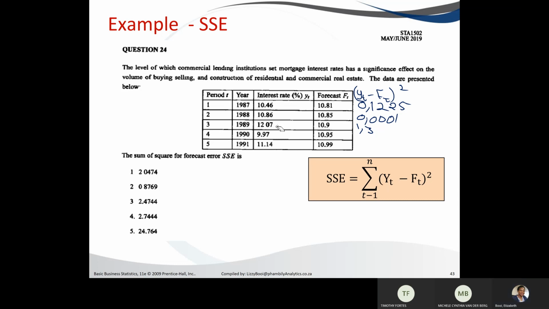Then 9.97 minus 10.95 equals, square the answer. 0.9604.